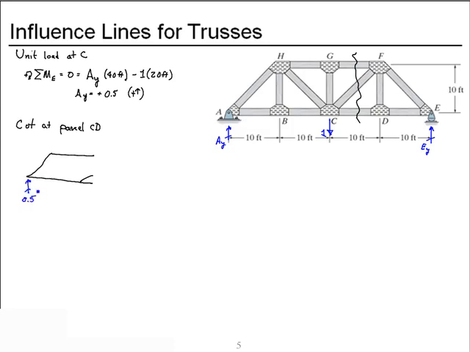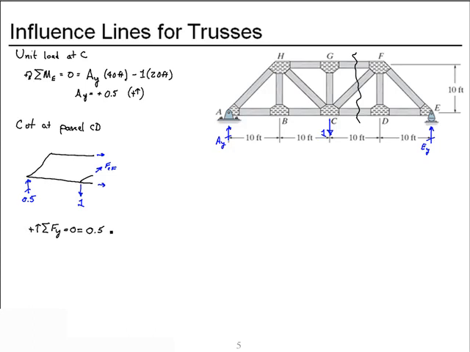I have my reaction at A, my unit load at C, my unknown forces in the truss members at the section cut, and again I will sum forces in the Y direction, so only member CF contributes of the 3 unknowns.